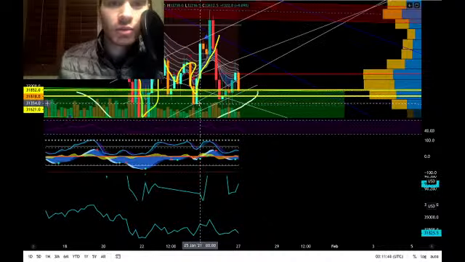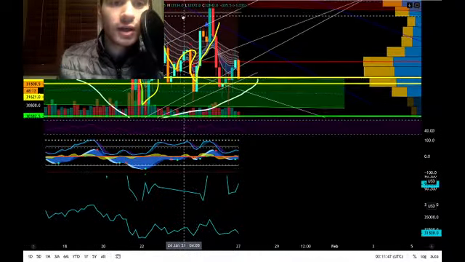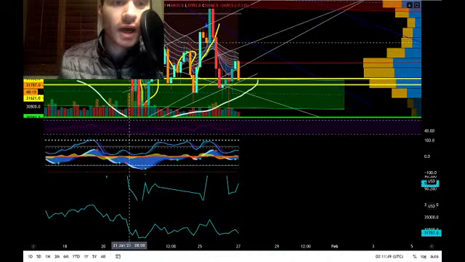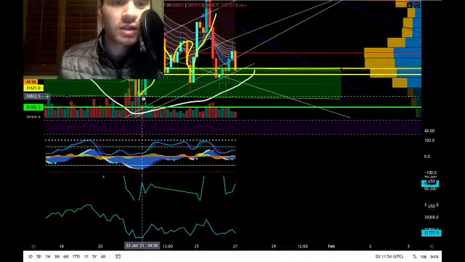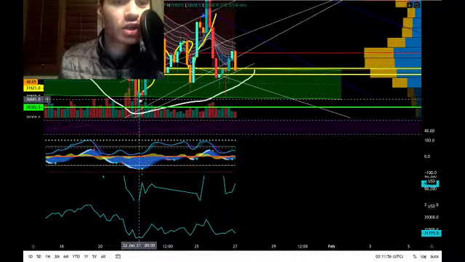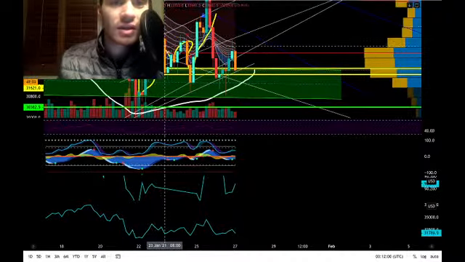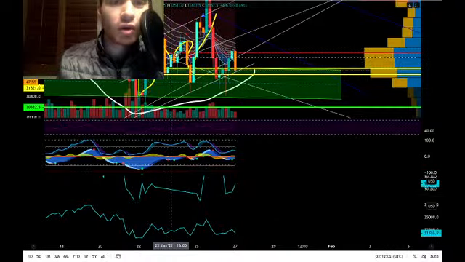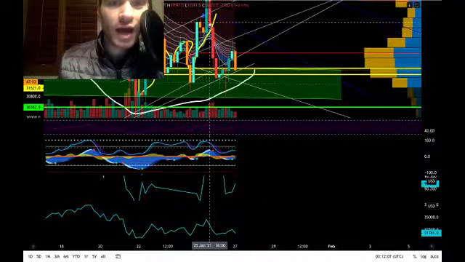Another neckline would be right here, but then essentially what I have right here is you come down and you find support on these areas. So this is potentially a support, come up, find resistance, come down, find support, come up, find resistance, that type of idea.